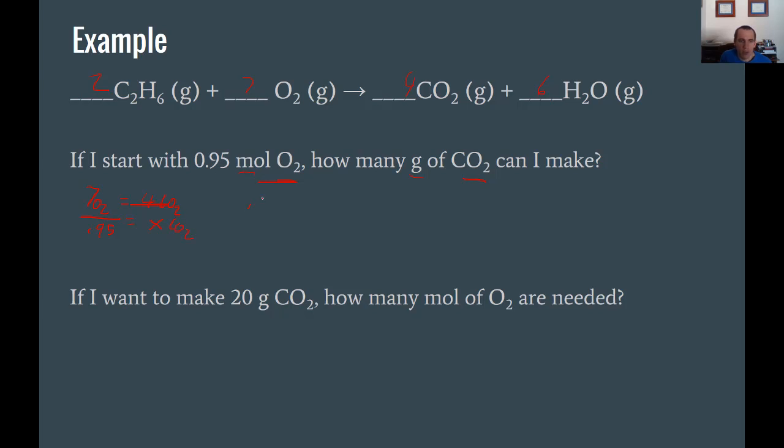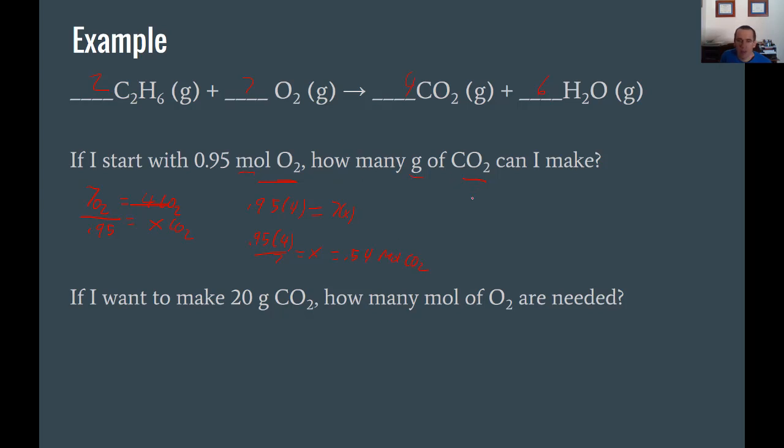So now I'm going to take 0.95 times 4 is equal to 7 times x, right? And so 0.95 times 4 divided by 7 gets me x, which is 0.54 moles CO2.